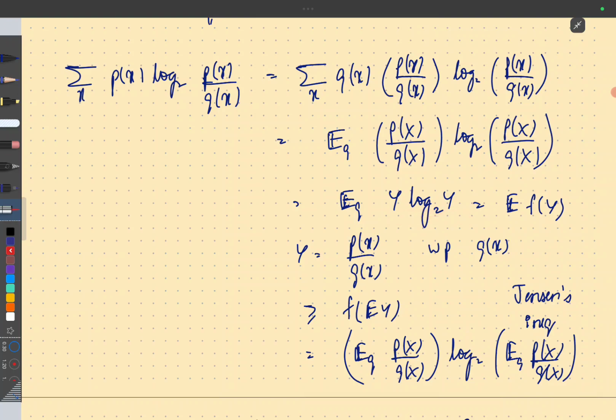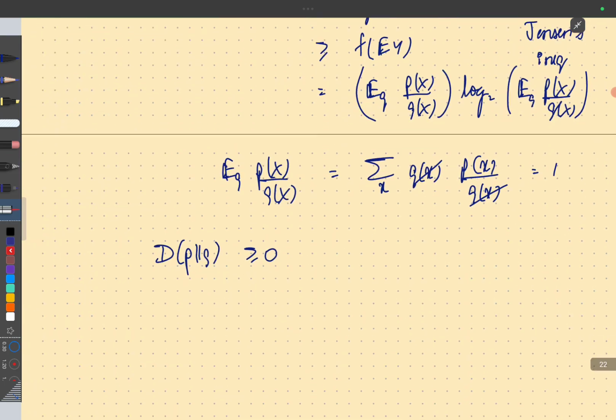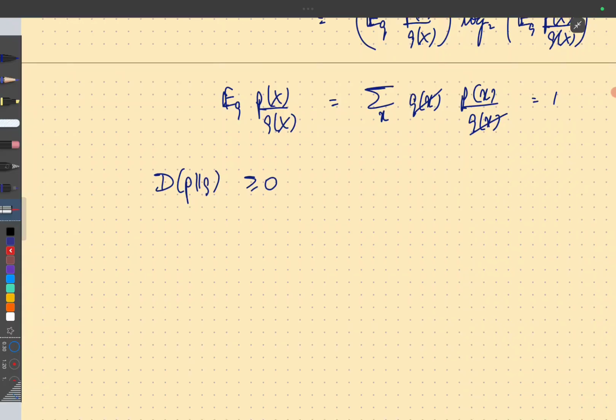Since y log y is a convex function, expectation of y log y is greater than or equal to expectation of y log expectation of y. And expectation of y is equal to 1. So D(p||q) is greater than or equal to 0. Alright. So it's a neat little trick, but it allows us to prove that the KL divergence is always non-negative.